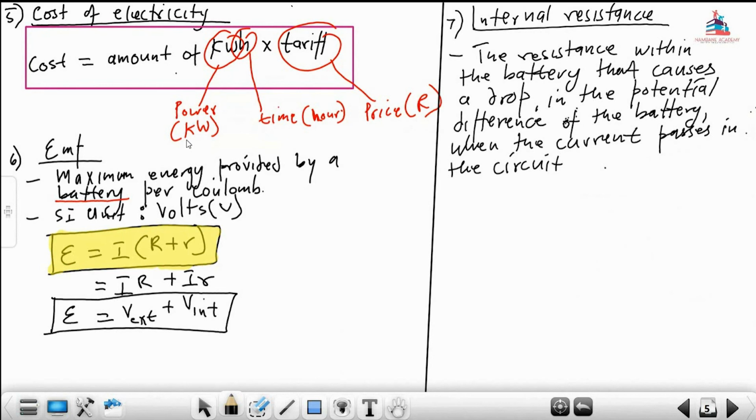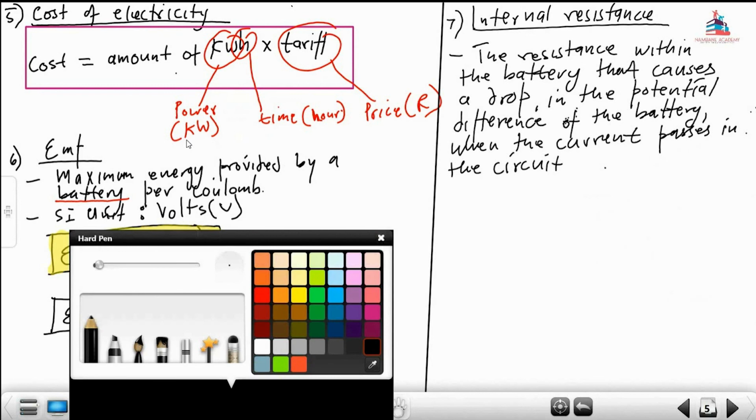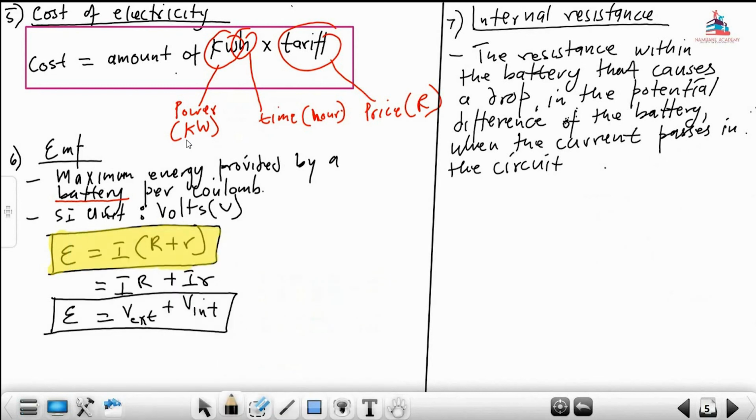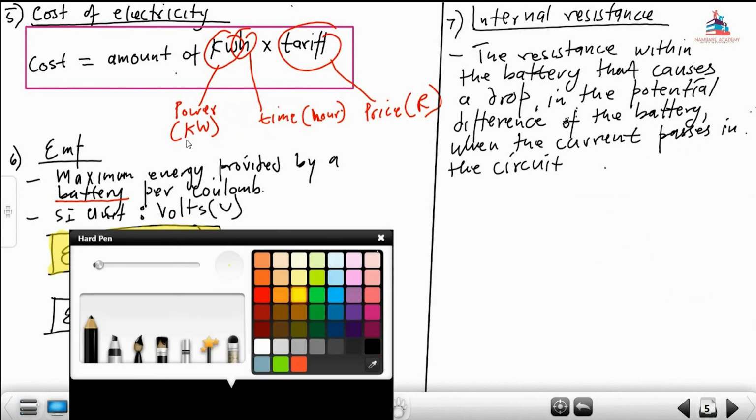So if I am told that the battery has a certain amount of resistance inside it, it means somehow we will be expected to use this equation, E is equals to I into R plus r, for me to include the concept of internal resistance. But if I am told to ignore internal resistance, then there is no need for me to come and expose myself to the equation of the EMF.